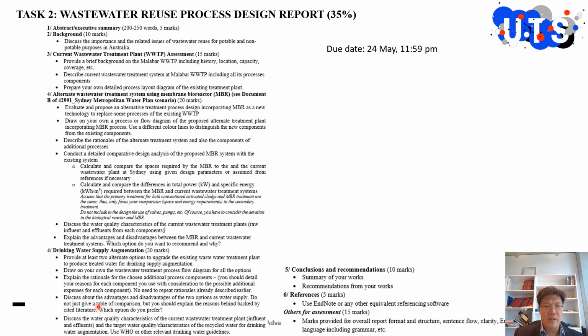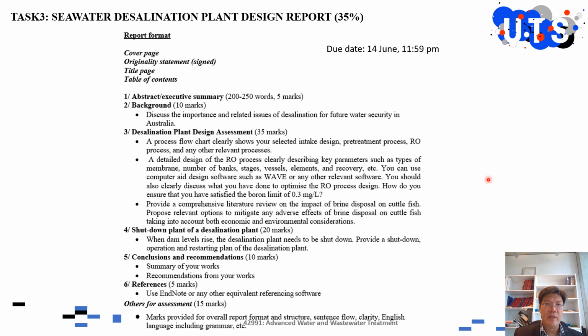Also discuss the advantages and disadvantages of the two options as water supply. Discuss the water quality characteristics of the current wastewater treatment plant. And conclude and reference. Also, you can make the report professional.